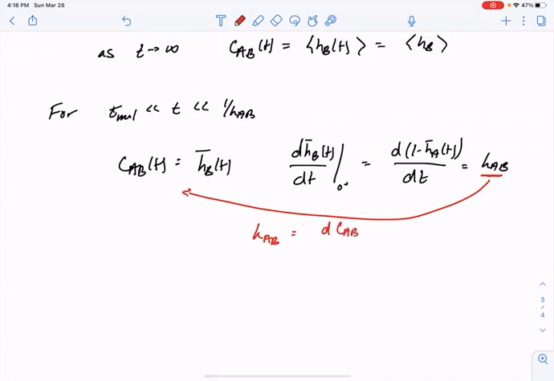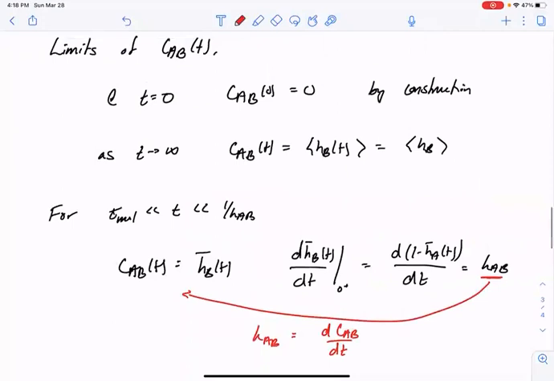It's evaluated at some time which is larger than a characteristic timescale for the correlation function to evolve, so that we don't just pick up its zero initial value, but short enough that it still is time dependent, so it has not relaxed completely to the equilibrium probability of just being in B.